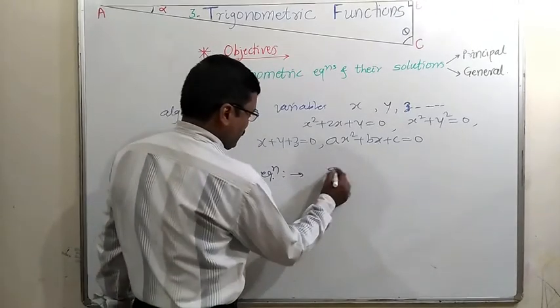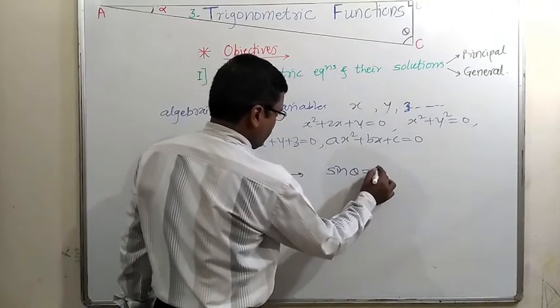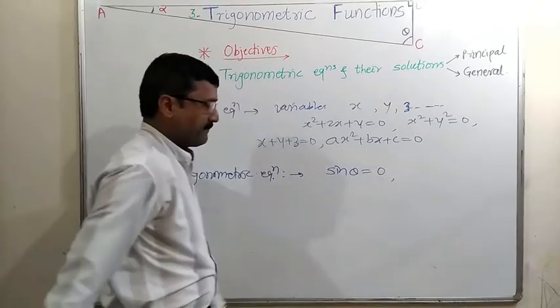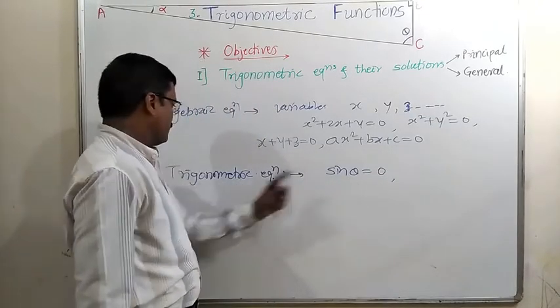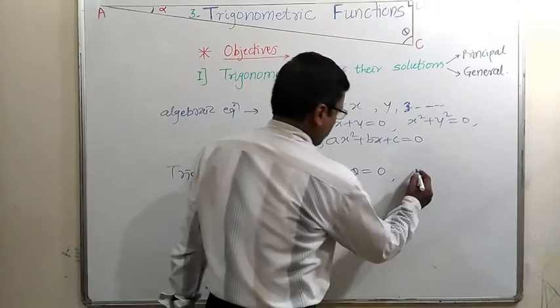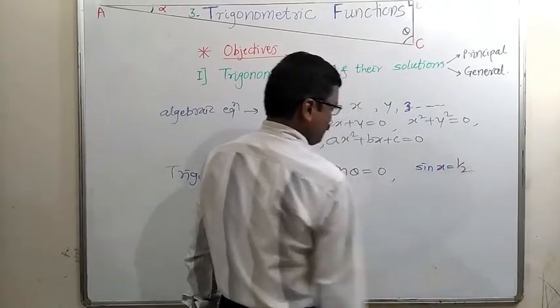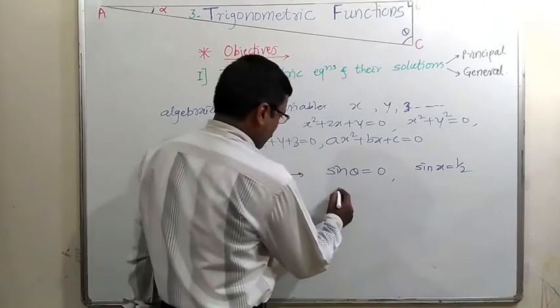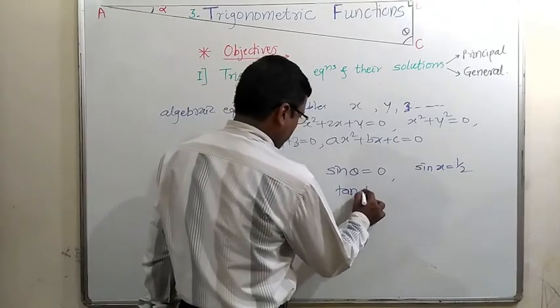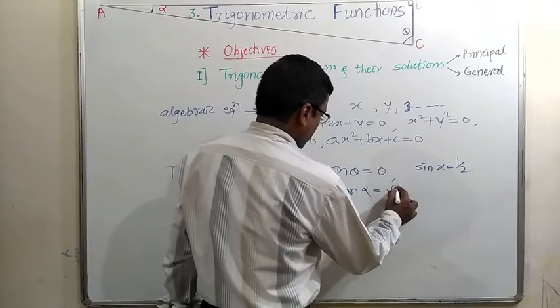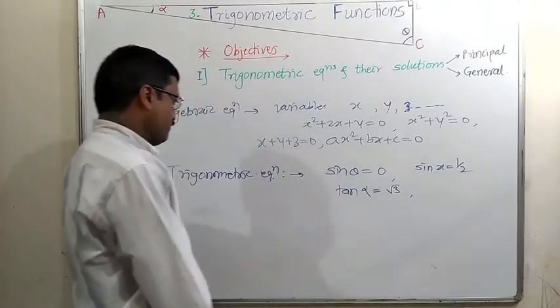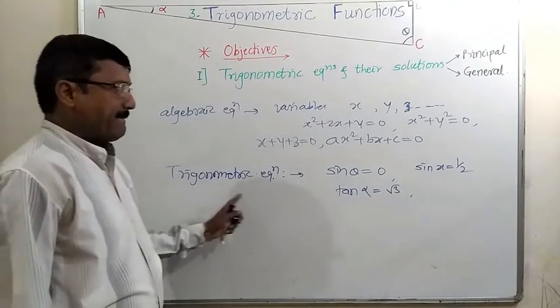For example, if you write sin theta is equal to 0, then theta is the variable and this is a trigonometric equation. Another example, you can take sin x equal to half, or tan alpha is equal to root 3.